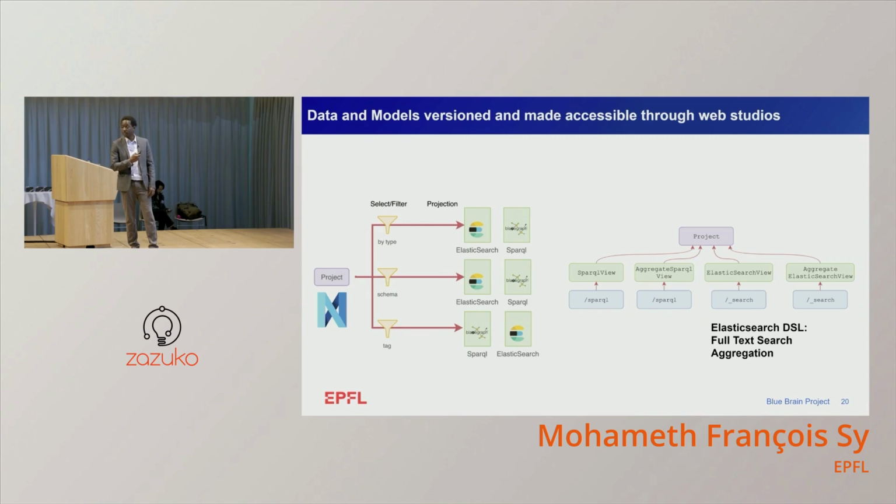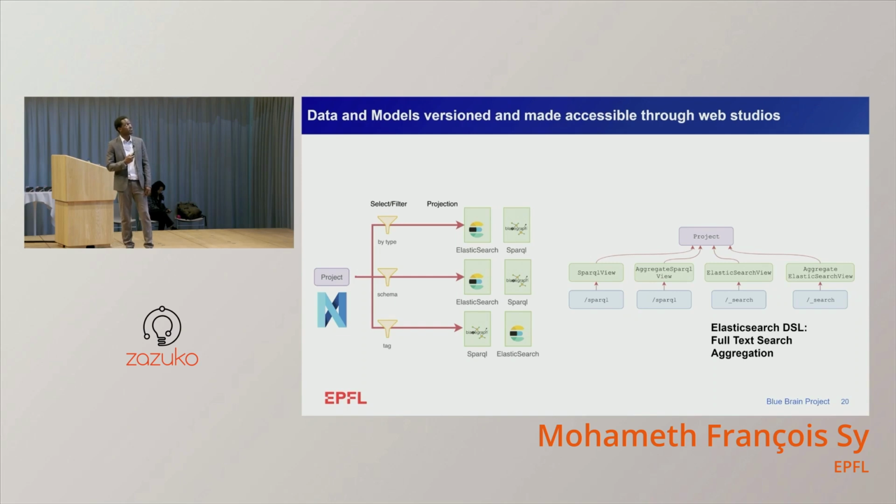Nexus then automatically projects the result of that query either as a document into Elasticsearch or into a specific namespace in Blazegraph, a SPARQL endpoint. These two endpoints are published and available to anybody in the project to query and use.